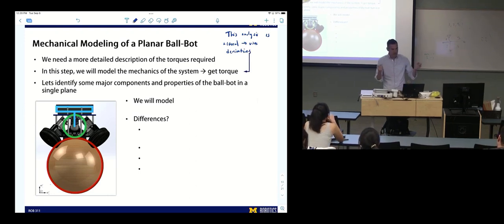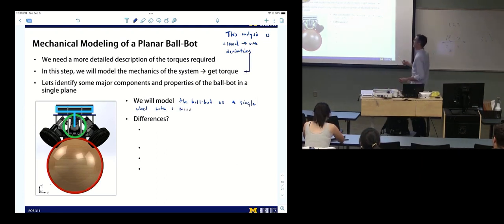Okay, so we want to talk about these major components. What we're going to do is model the ballbot in a single plane as a single wheel with a mass.